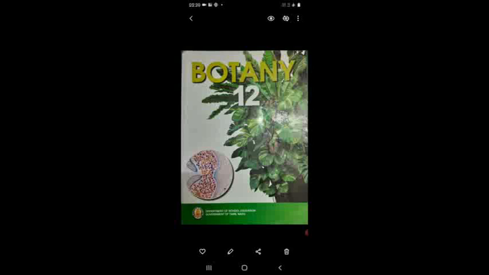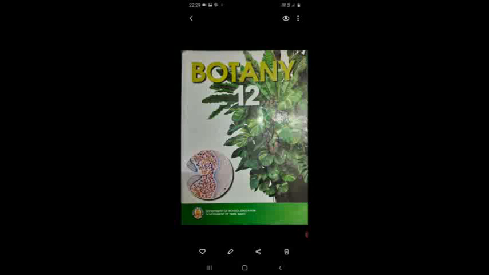Then we have seen male gametophyte, that means how the male gametophyte is formed in the pollen grains. So this pollen grain reaches the stigma and fuses with the egg or female gamete, which forms the zygote. That process is called fertilization.